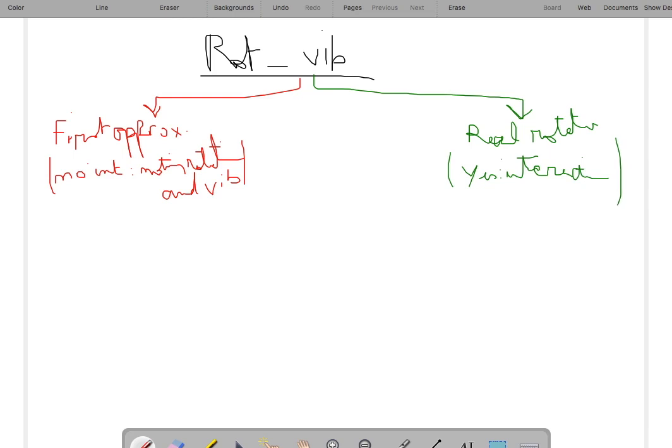Now, in the first approximation, we have seen that we have also two cases. We have the case of the rigid rotator and the case of the non-rigid rotator.